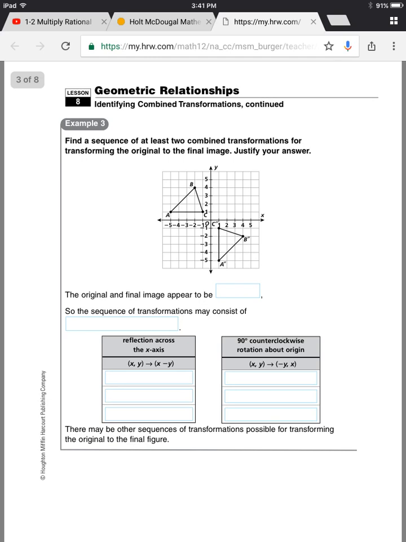Find a sequence of at least 2 combined transformations for transforming the original to the final image. Justify your answer. So, the original and the final image appear to be congruent. They appear to be the same size and shape. So the sequence of transformations may consist of congruence transformations.